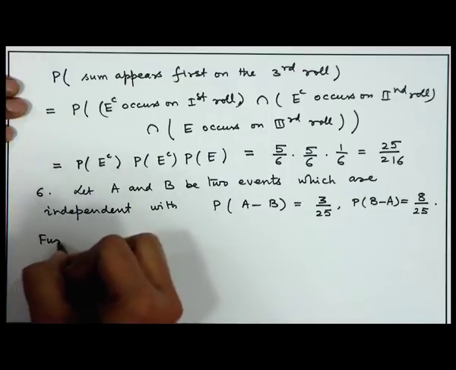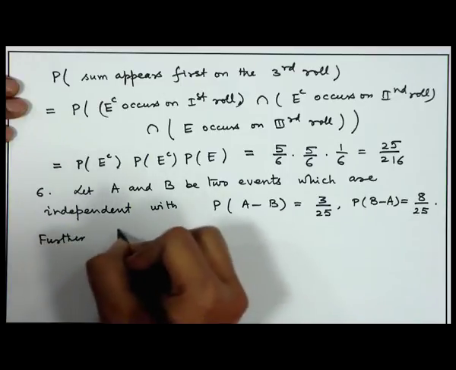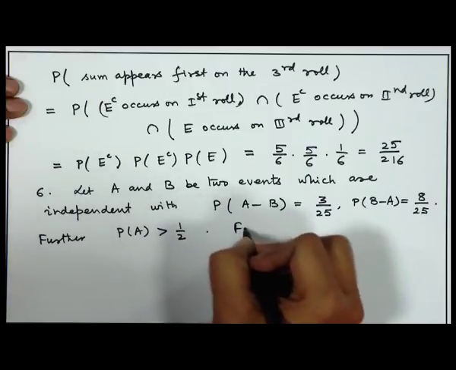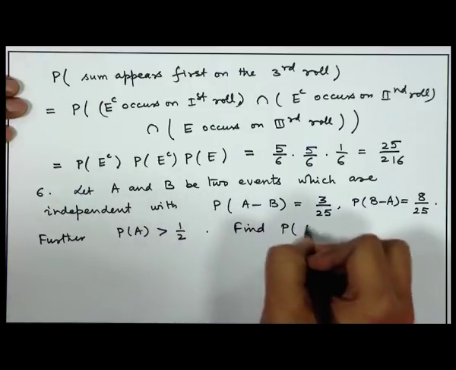Further, the probability of A is given to be greater than half, then you have to find the probability of B.